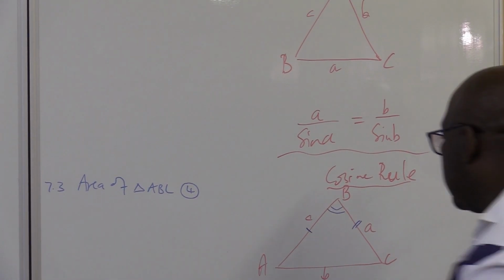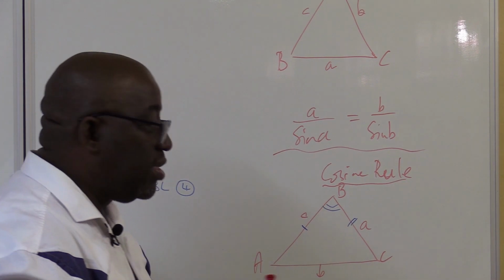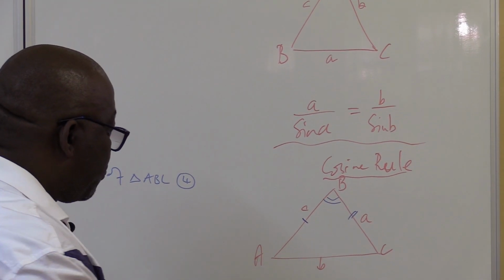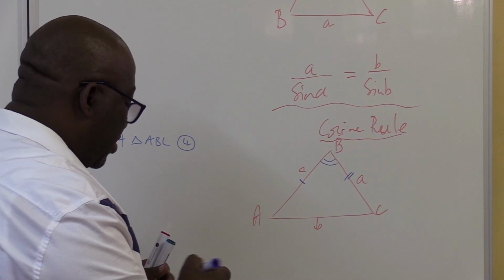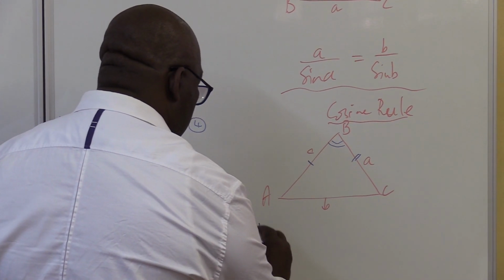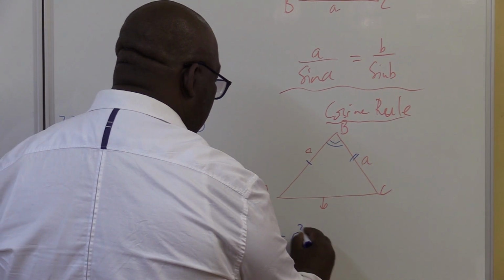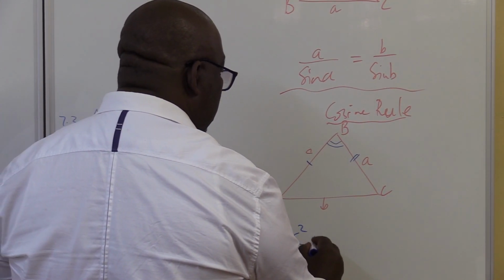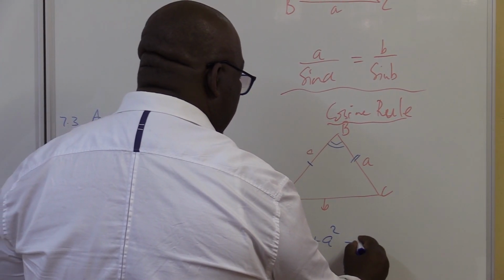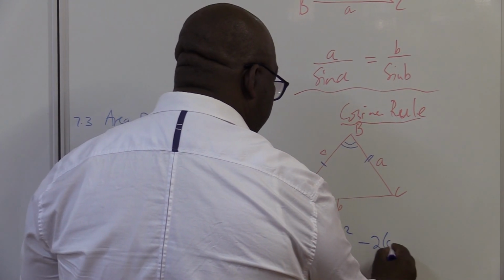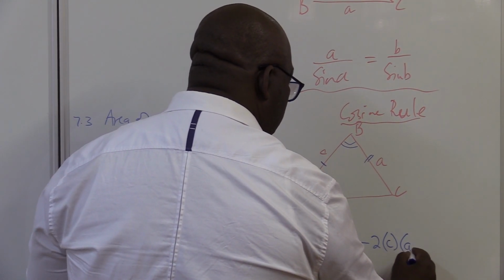Now, what does it say? If I'm given that and I'm looking for this side b, what is the rule saying? The rule says b squared is equal to this side squared, which is c squared, plus this side squared, which is a squared, minus 2 of the first side, which is c, the second side, which is a.